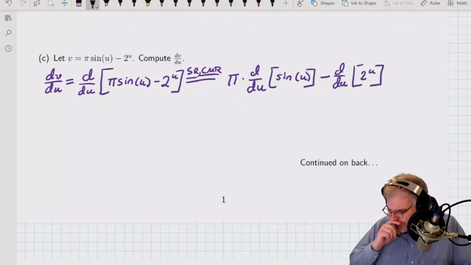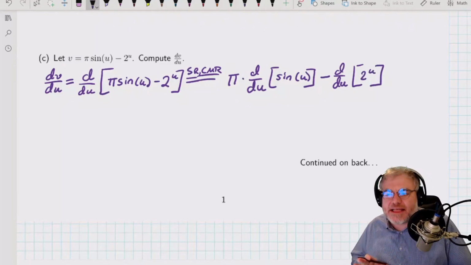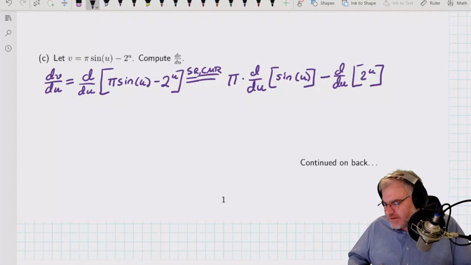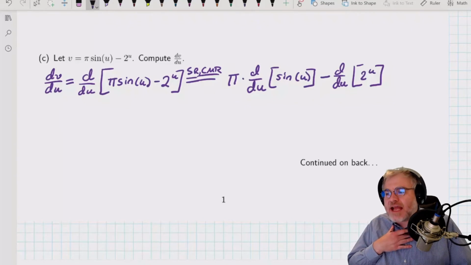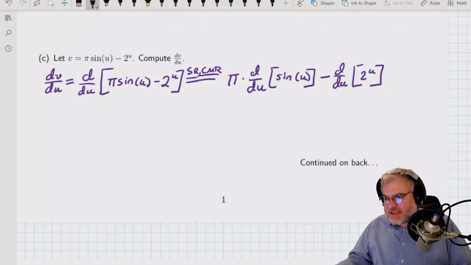Now, when it comes to exponential functions, especially e to the x, because it's its own derivative, it's very easy to lose track if you've done it. The 2's, you're going to generate a constant ln of 2, so it's not so bad. But when it comes to e to the x or exp of x, I make sure that I'm writing down: have I taken the derivative yet or not?